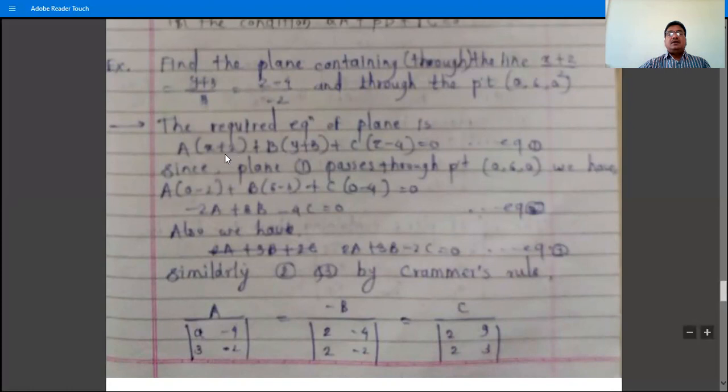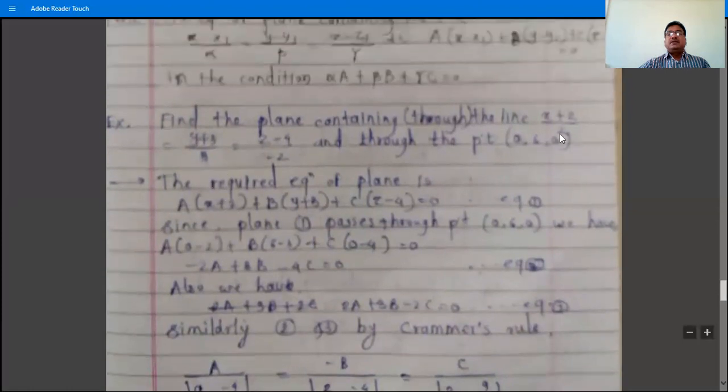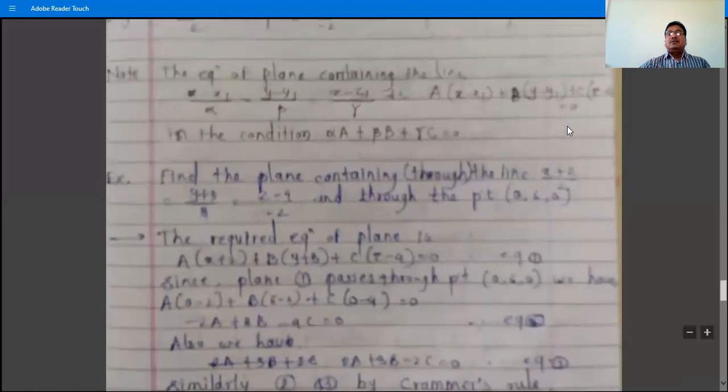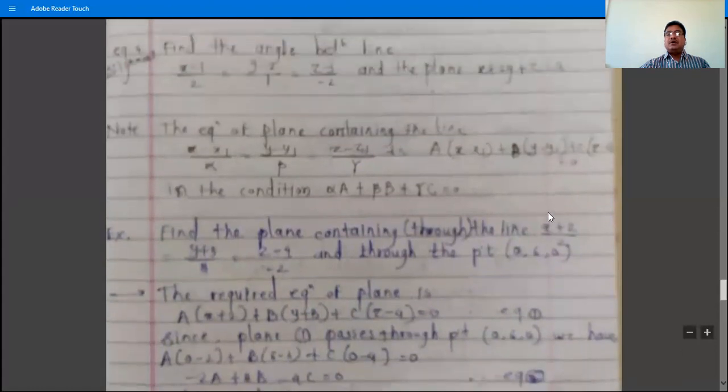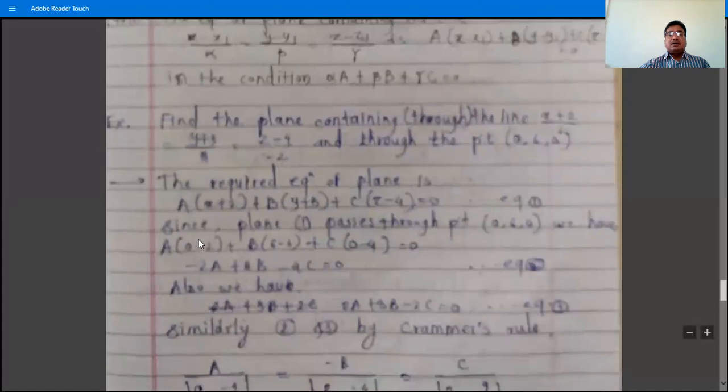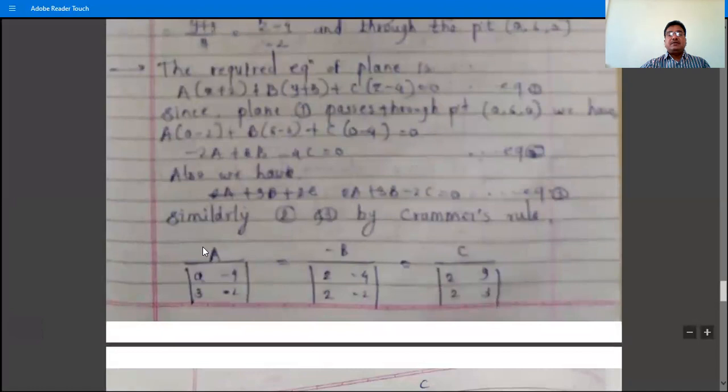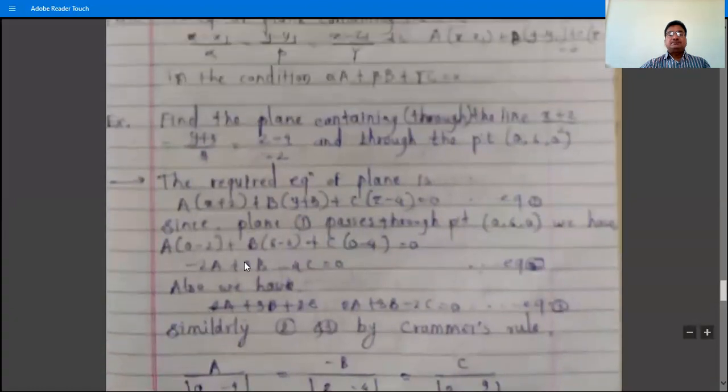Here the correction is x minus x1, and x1 is minus 2, so the sign is plus 2A, not minus 2A. Right here 0 plus 2, substitute x as 0, y as 6.